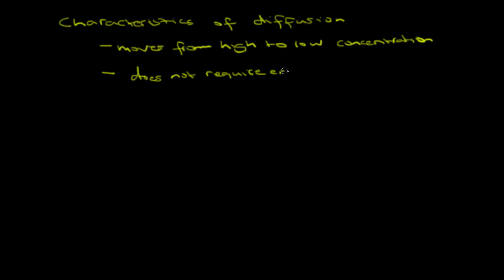So we're not expending the very valuable ATP, which we'll talk about in a moment. It continues until equilibrium is reached. So it will continue until what's on one side of the membrane matches what's on the other side of the membrane.